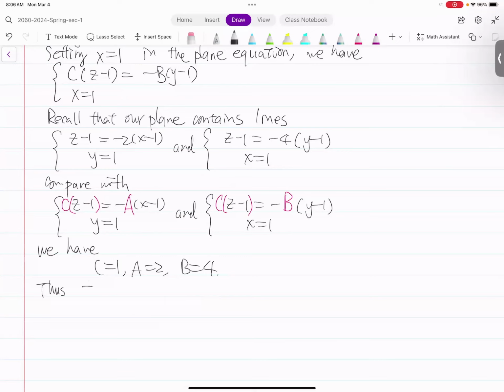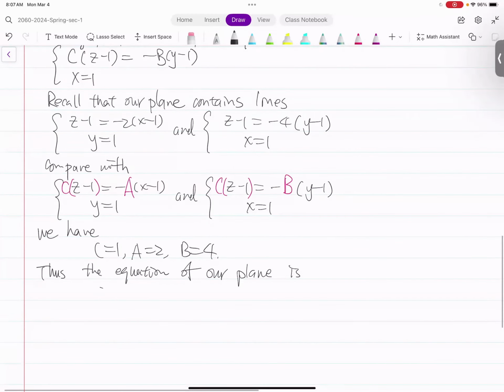Thus, the equation of our plane is exactly: z minus 1 equals negative 2(x minus 1) minus 4(y minus 1).